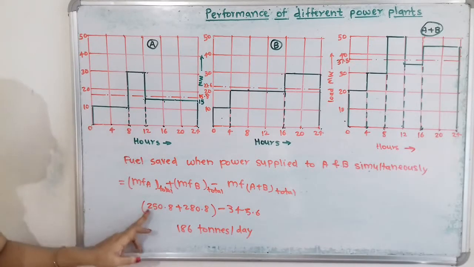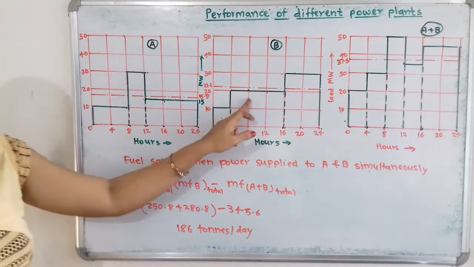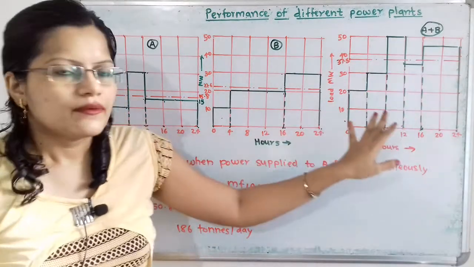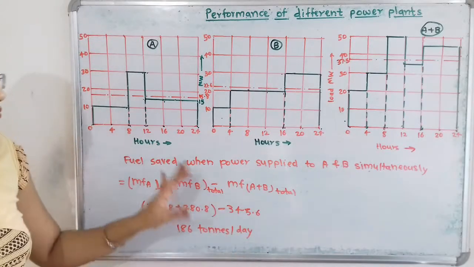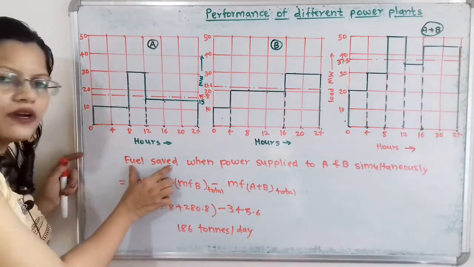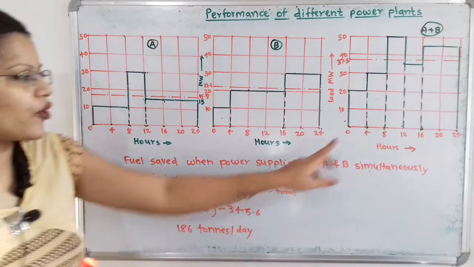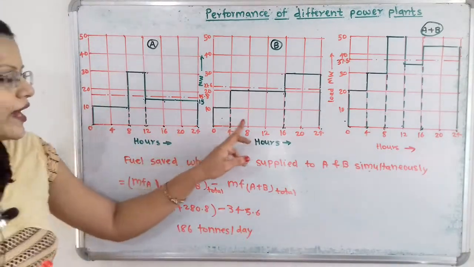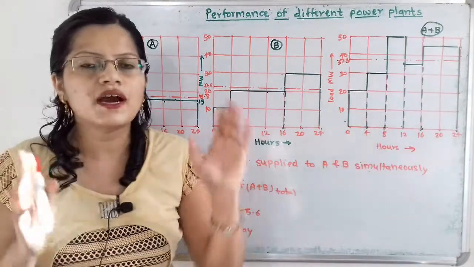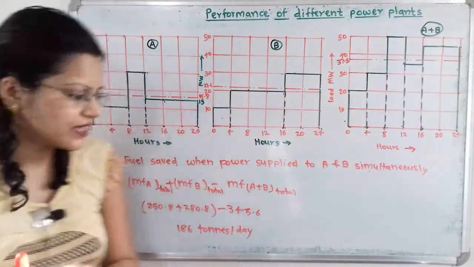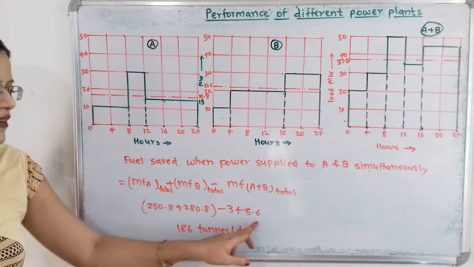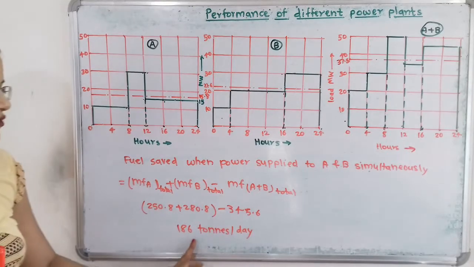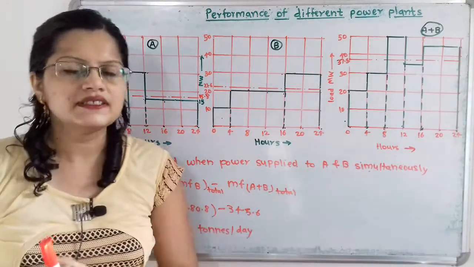That is for this 250.8 plus for this B it is 280.8, and we have to take the minus sign because we have to find out what is the fuel saved. So for this the value is 345.6. So when we add these two and subtract this value for the amount of mass of fuel, then we will get 186, and we will take the same unit, that is tons per day. So this is the fuel saved when power is supplied to A and B simultaneously.